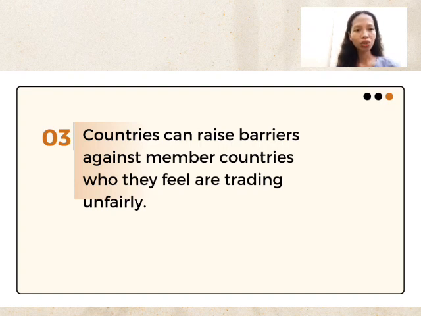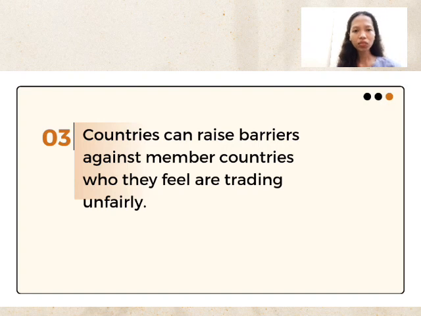In response to these perceived unfair practices, the U.S. has imposed tariffs on a range of Chinese imports. These tariffs are essentially trade barriers designed to make Chinese products more expensive in the U.S. market.